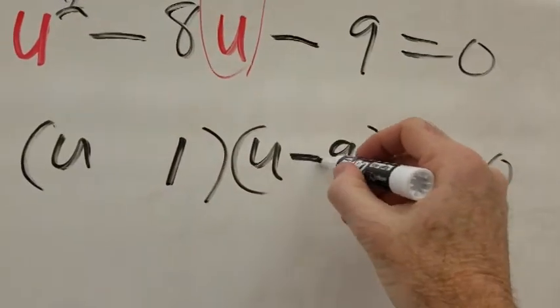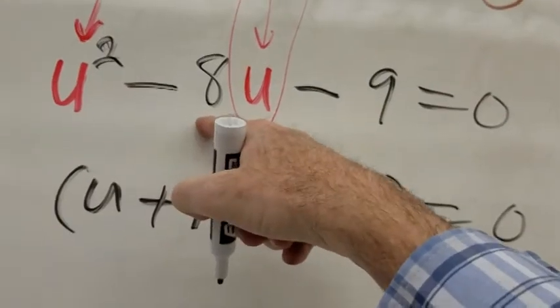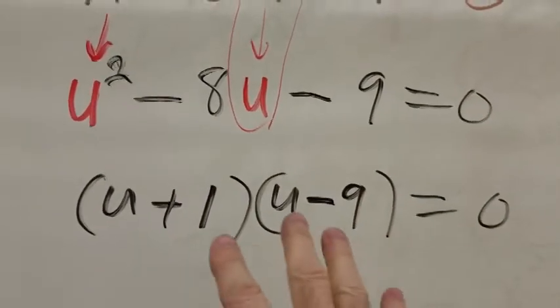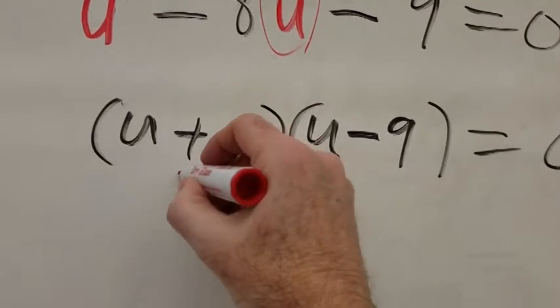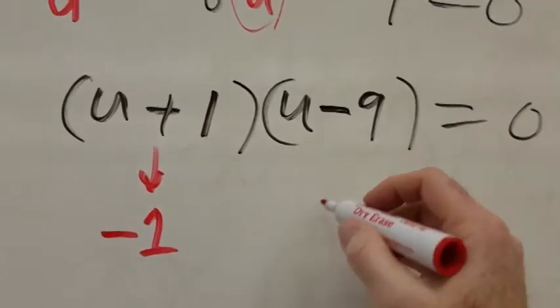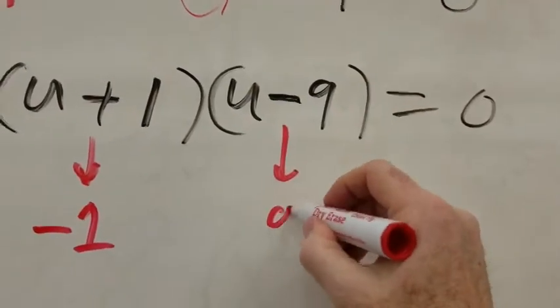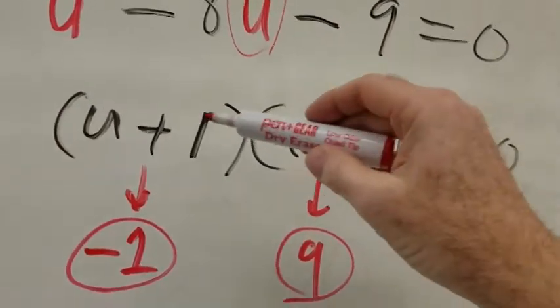So if I put negative with the 9 and add a 1, I'll get the negative 8. So I've solved this problem by factoring real quick. And my answer for this one is flip negative 1 and flip positive 9. So I've got my answers here for this particular equation.